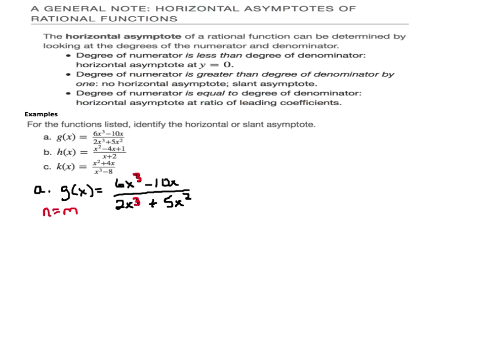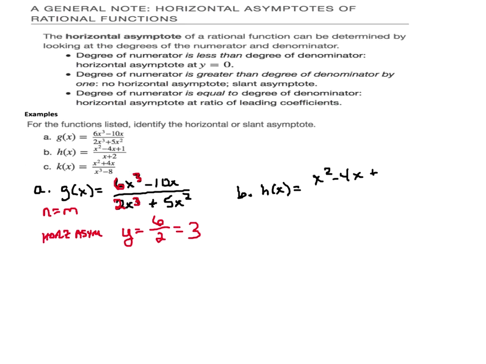So n equals m. That's the degree of my numerator, n, divided by the degree of my denominator, m. Since those are equal, I'm going to have a horizontal asymptote at y equals the leading coefficient of the numerator divided by the leading coefficient of the denominator. So I'm going to have a horizontal asymptote at 3.